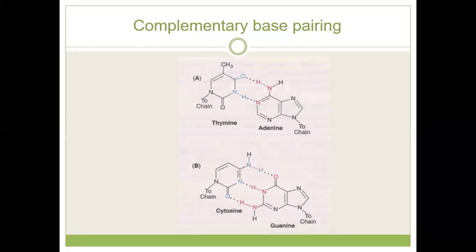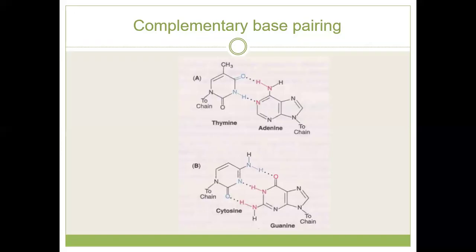That's what we call complementary base pairing, where one nucleotide habitually forms a bond with another one, or complements another one. Here we say thymine complements adenine.